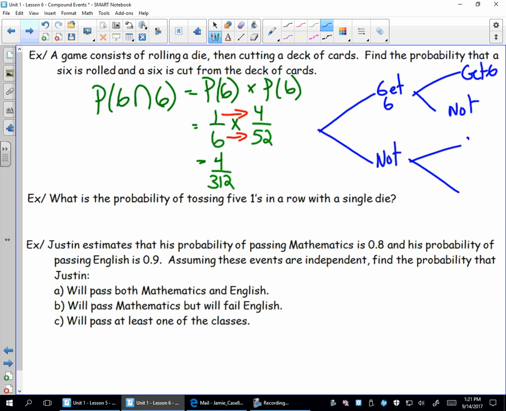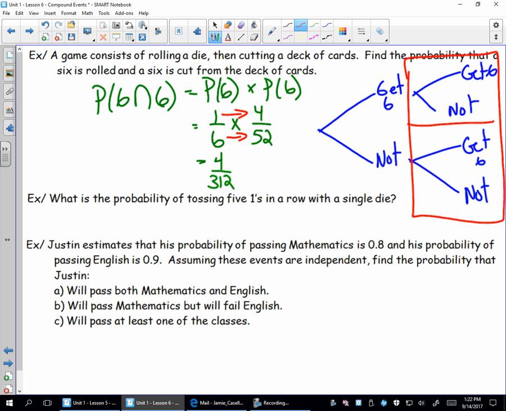I could get a 6 or not. And that's my tree diagram, the situations that could happen. And notice that the second set of branches, this set right here, is the same for the top half as it is for the bottom half. Because it doesn't matter what happened first, it's an independent event what happens next.